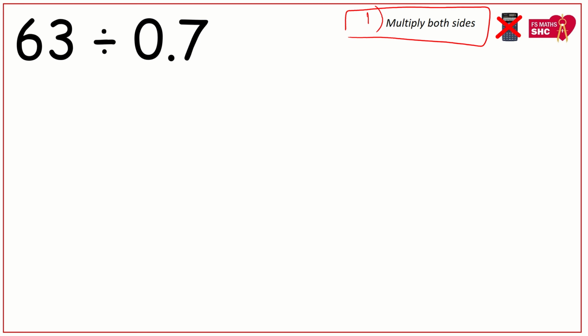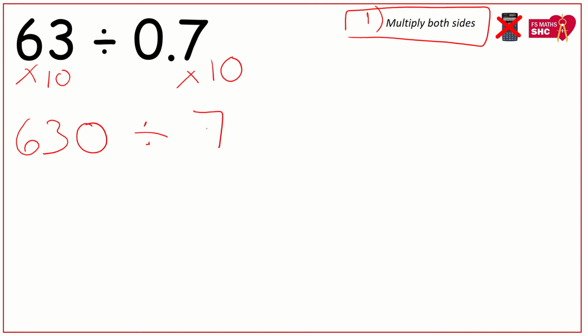And we're going to multiply both sides, not just the one. So I'm going to start by timesing each side by 10, because I don't want to do 63 divided by 0.7. So that now becomes 630. And that 0.7, once we times it by 10, becomes 7. Now there's no decimal points, but I do have to carry out a division.